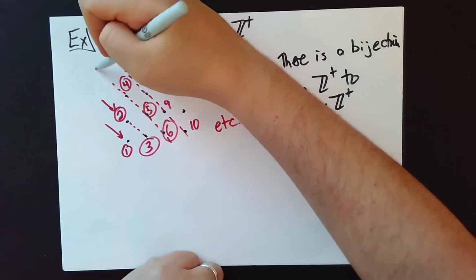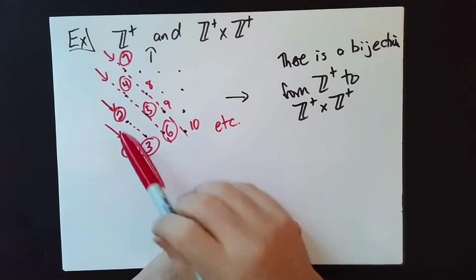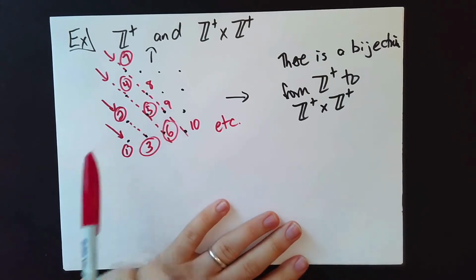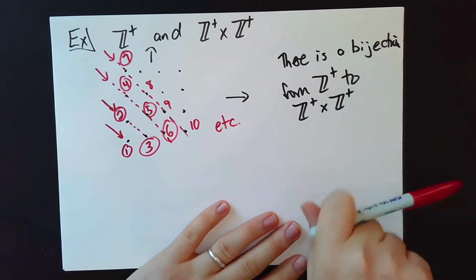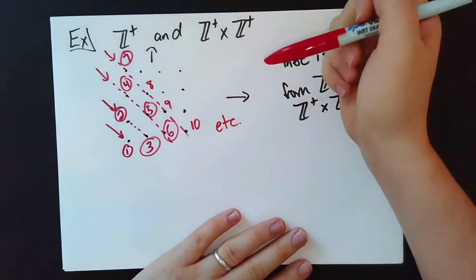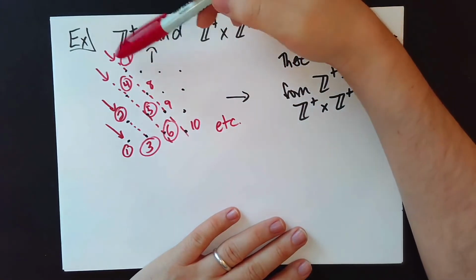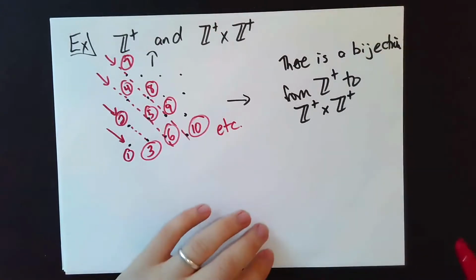And so this is only a slight variation of the fact that it didn't work if I counted by row, because the row is infinite, and it didn't work if I counted by column, because the column was infinite. But if instead I count by these diagonals, then actually I can cover everything.